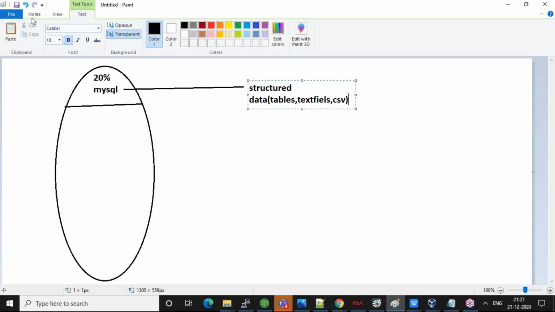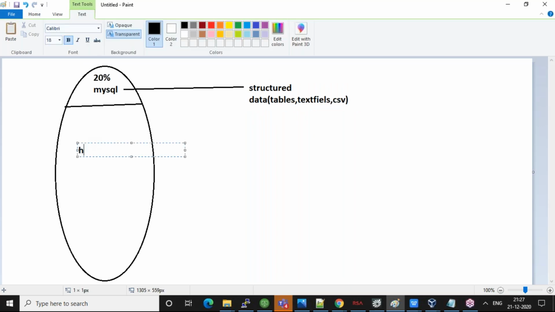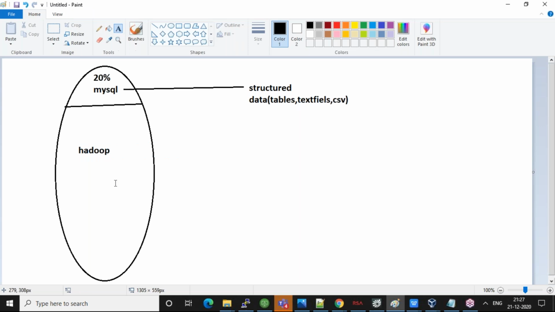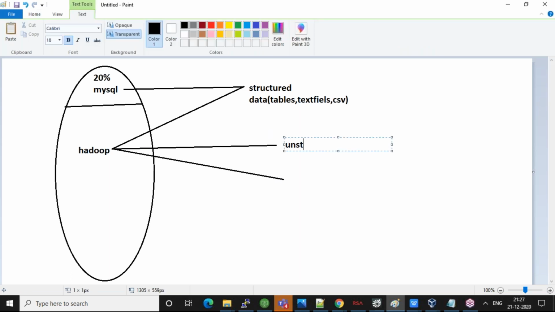After that, when Hadoop comes into the picture, by using Hadoop you can process structured data, unstructured data, and semi-structured data.